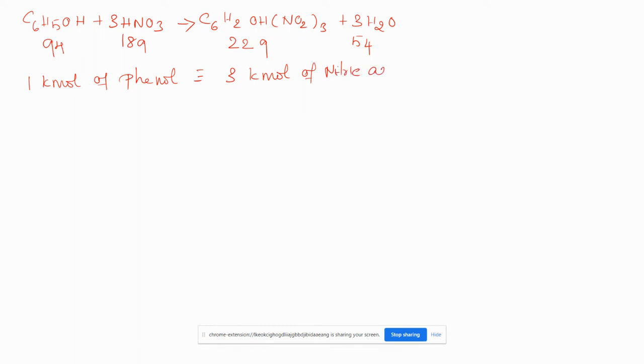Since the quantity is given in weight, we have to convert this into weight, so we first write the molecular weights. 94 kg of phenol is equal to 189 kgs of nitric acid. Now given is 100 kgs of phenol. This is given in the problem.